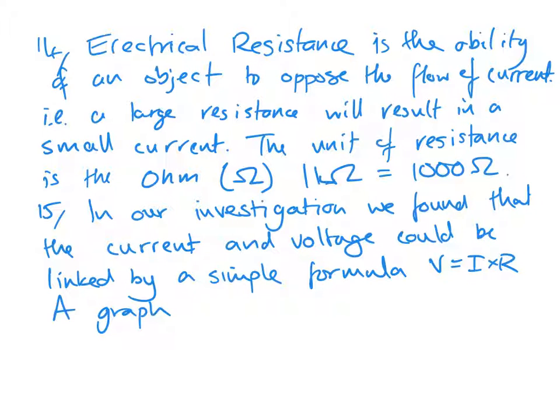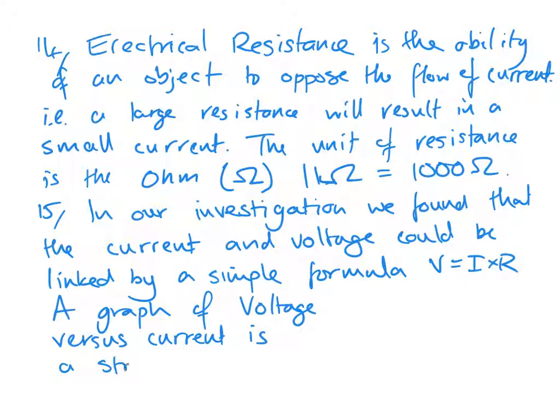As part of that investigation, we want to get in this wee bit about graphs. A graph of voltage versus current, and I'm deliberately leaving a wee space there to sketch it, is a straight line.